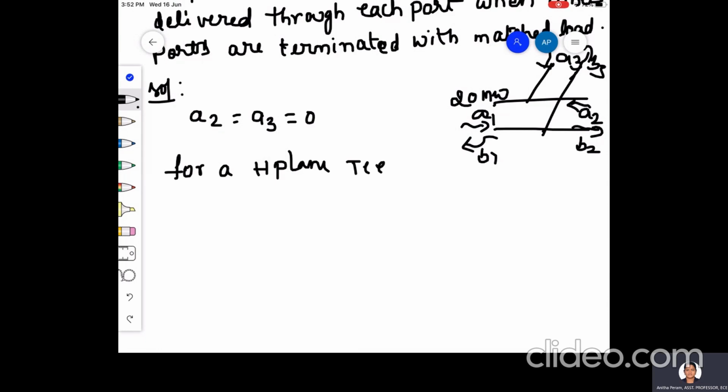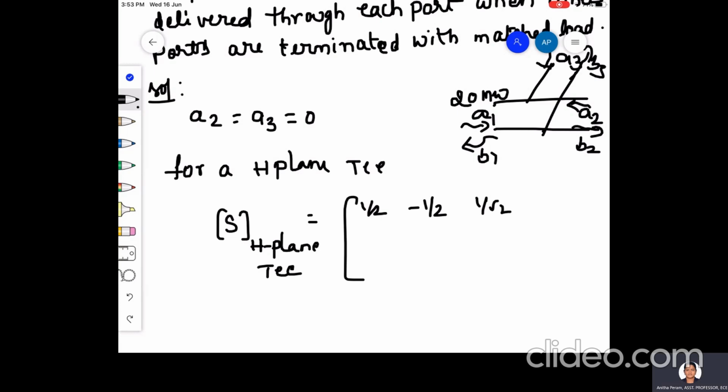Just recollect the S matrix of an H plane T. It is a 3 cross 3 matrix, which is given as 1 by 2, minus 1 by 2, 1 by root 2, and minus 1 by 2, 1 by 2, 1 by root 2, and 1 by root 2, 1 by root 2, and 0.